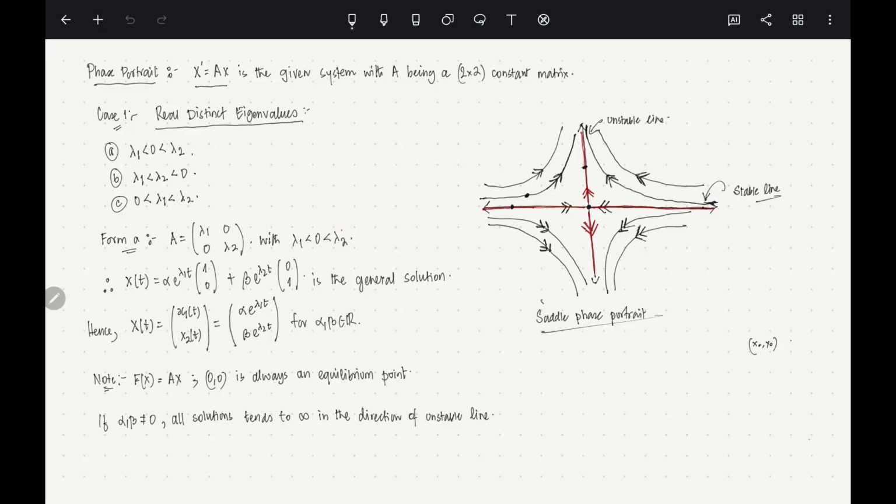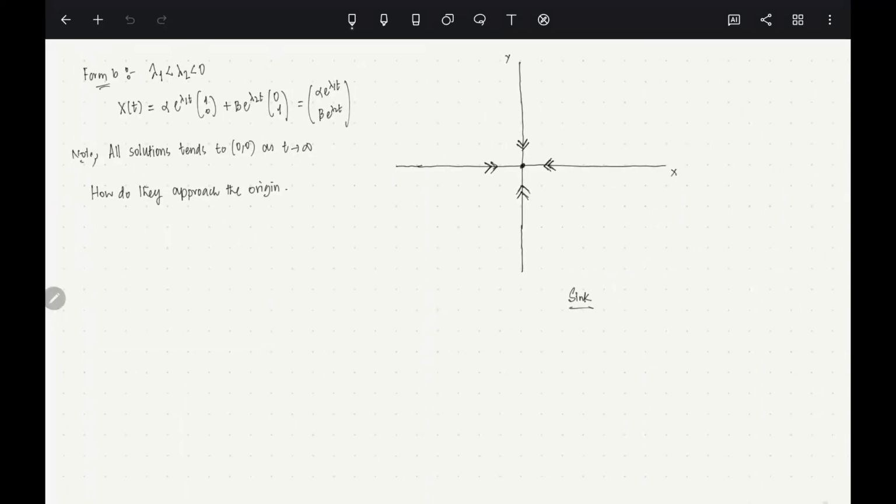Even the linear combinations, when alpha and beta are non-zero, depend on which coordinate is dominating based on t. It doesn't really matter where you are starting. You may start from here, and the trajectory can move like this towards the origin, it has to. Again it can start from here and go like this towards the origin.